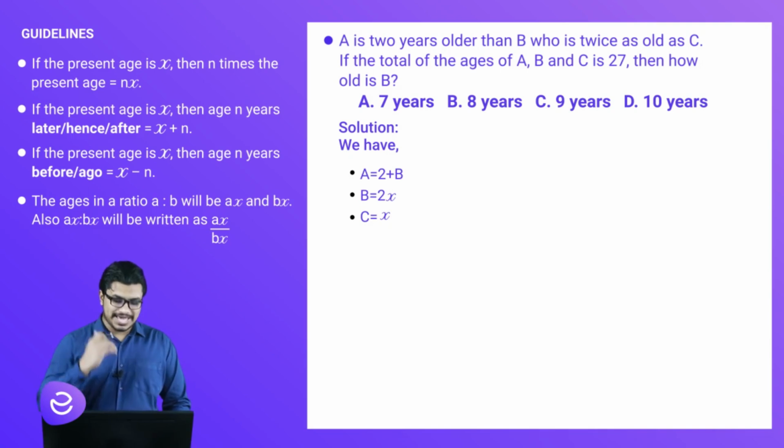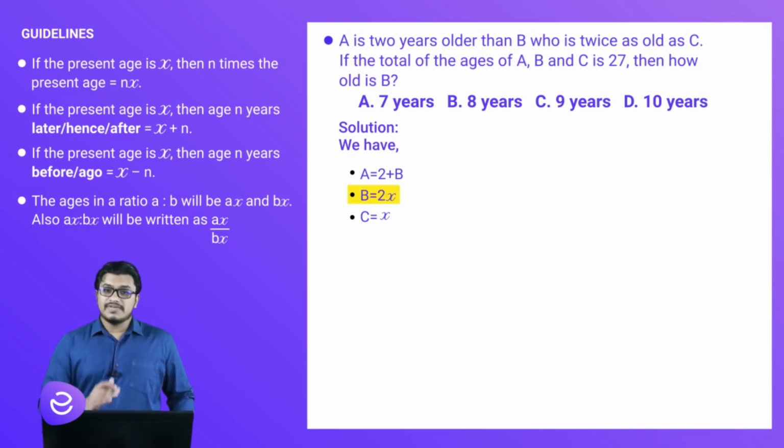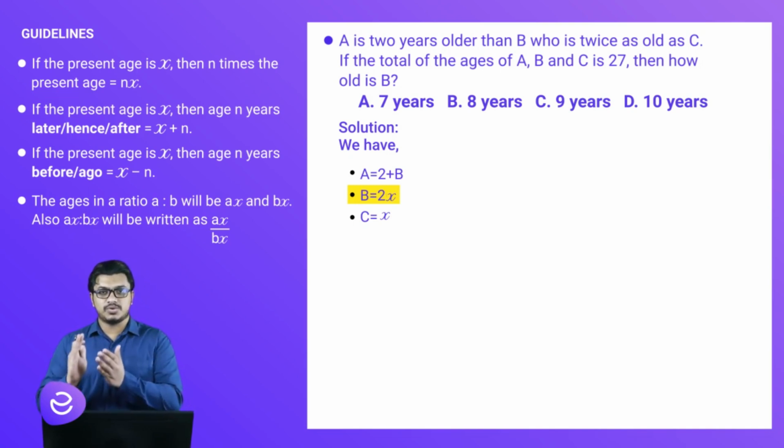Now we have A is equal to 2 plus B, B is equal to 2X, and C is equal to X. Since B is equal to 2X, we will change all the other B's into 2X. In the first equation, we have A is equal to 2 plus B. So, instead of 2 plus B, we change that B into 2X.